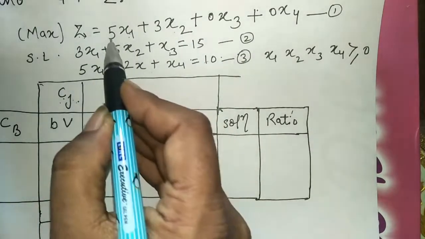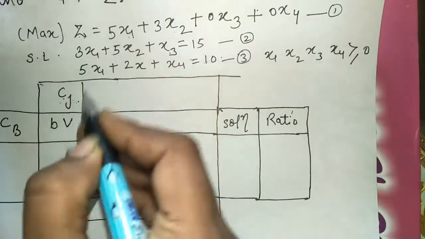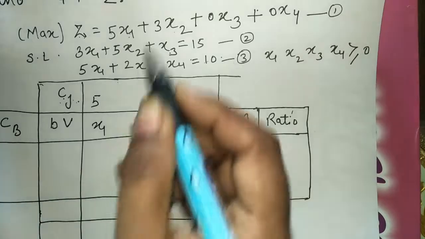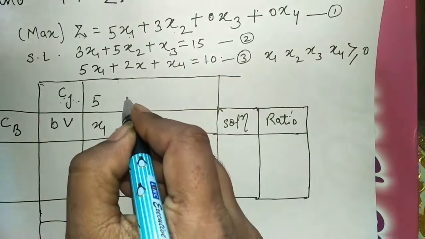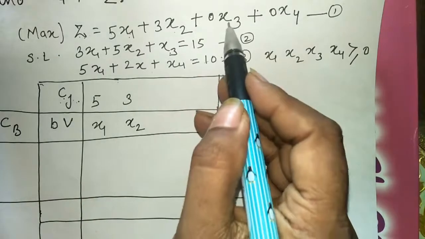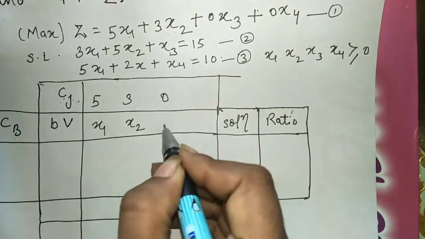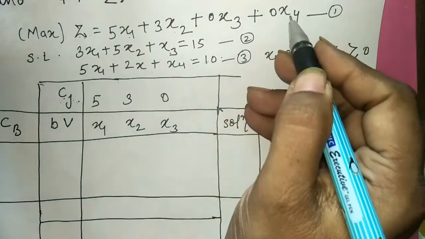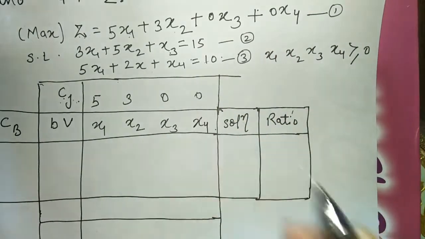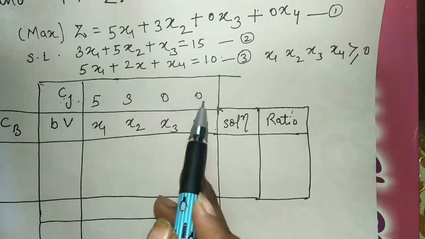So here Cj is, first coefficient of x1 is 5 and variable is x1. Coefficient of x2 is 3 and variable is x2. Coefficient of x3 is 0, variable is x3. Coefficient of x4 is 0 and variable is x4. So this is how we write Cj.